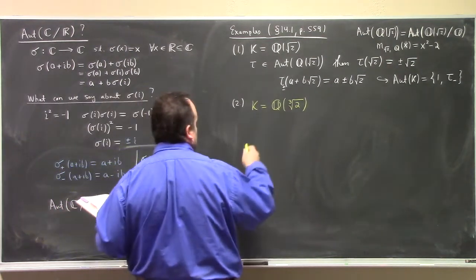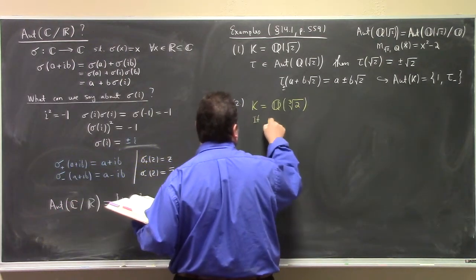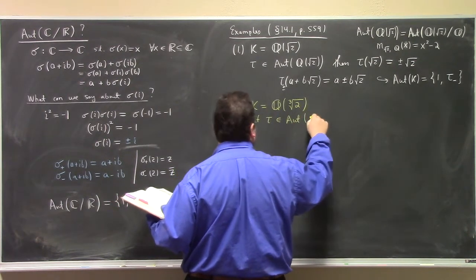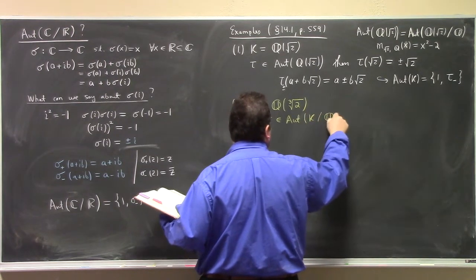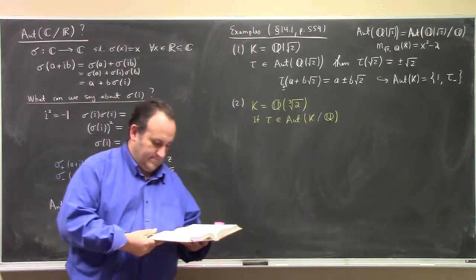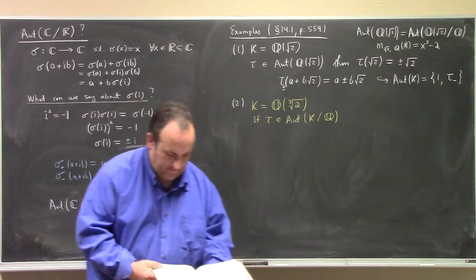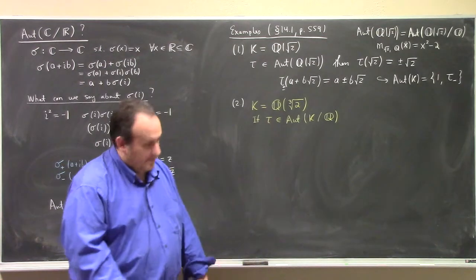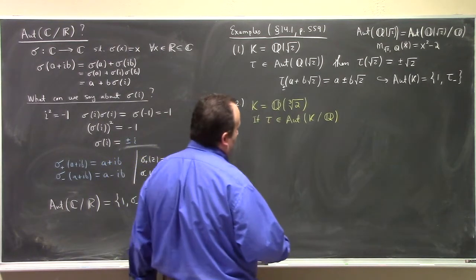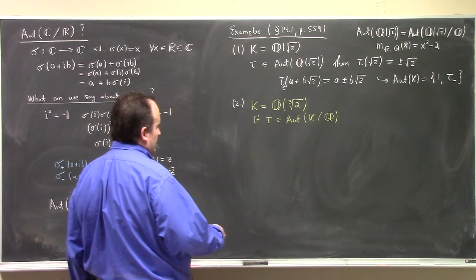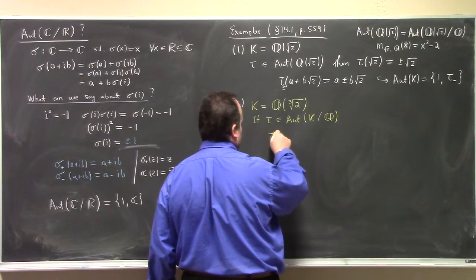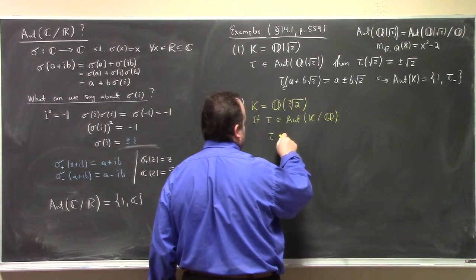And we'll say if tau is an element of Aut K over Q, then what? Same song and dance. Actually, no, it's not. It's 3. But you just do the minimal polynomial of the cube root of 2 over Q, x cubed minus 2.